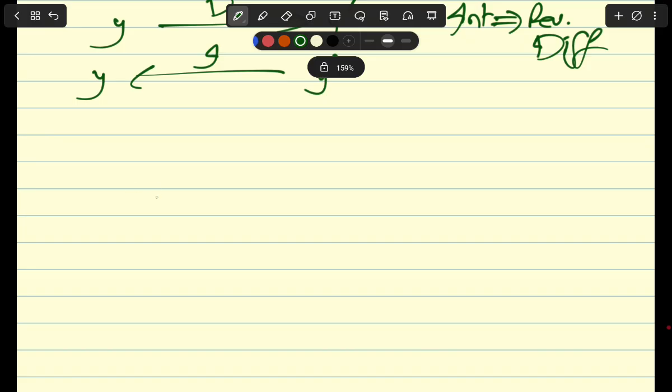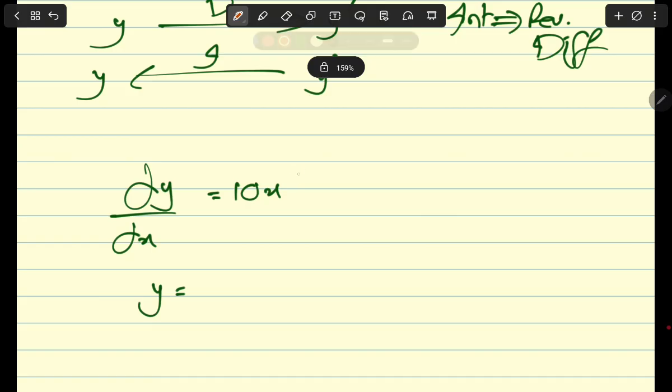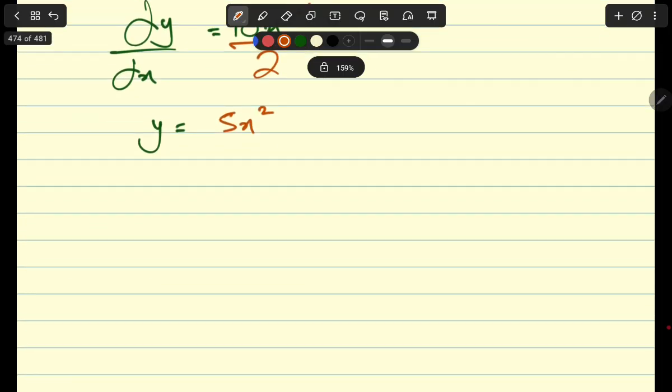For example, let's say that dy by dx is equal to 10x. What is y going to be equal to? It's very simple. You are going to add one power and divide by the new power. So this is going to be equal to 5x squared. That's very easy.